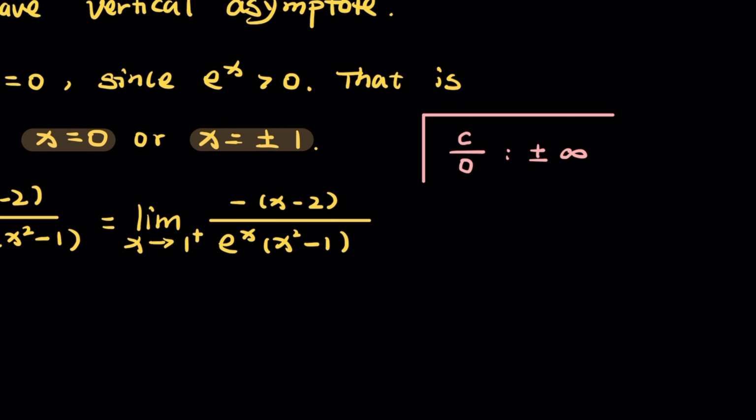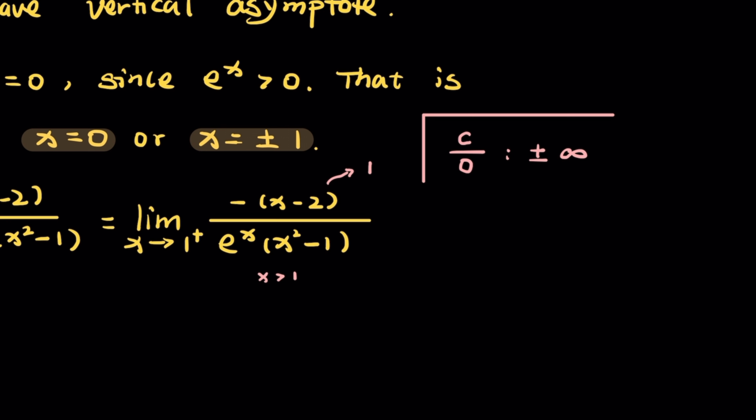If I plug in 1 from the right, I can see that the top will be -1 minus 2. This is negative, negative, negative, which is going to be positive. So the top will be a positive number. And the bottom, because I'm approaching 1 from the right-hand side, means my x is slightly bigger than 1.